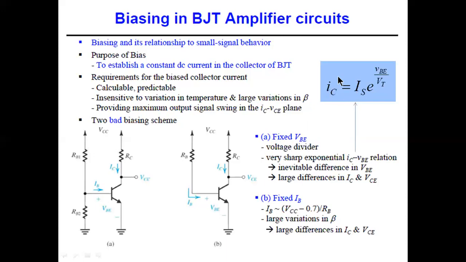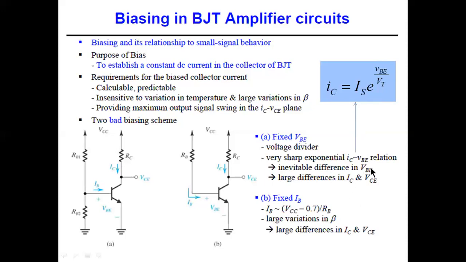Correspondingly we see that the relationship between the IC and VBE is shown over here, and this is exponential. This just gives us that even though there are small changes in VBE, there will be large changes in the quiescent collector current. So this IC with a small c is the quiescent collector current, and IC with a capital C is the DC collector current.